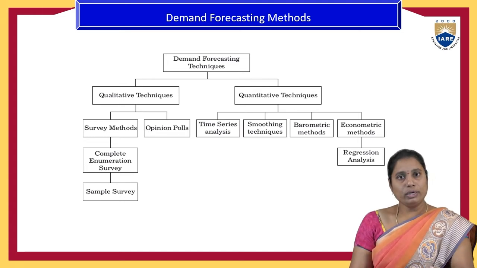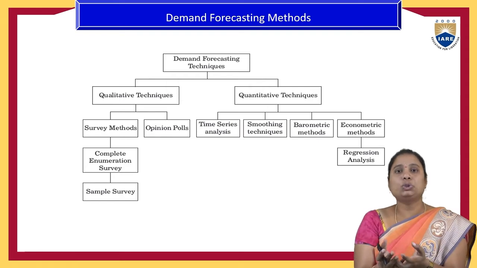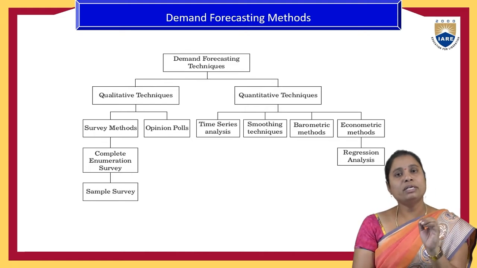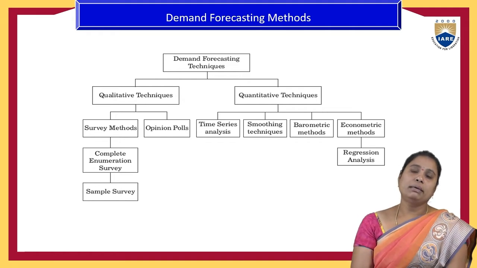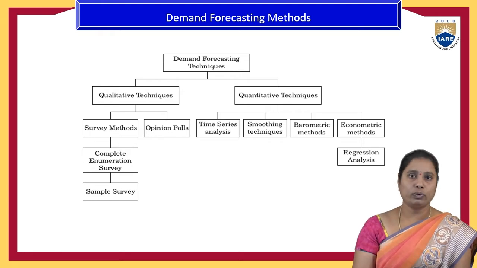So qualitatively, based on opinions and psychological elements, which we can't touch, that is all based on intellectual elements. So if the demand for any product is estimated based on that data, then it is called the qualitative technique.